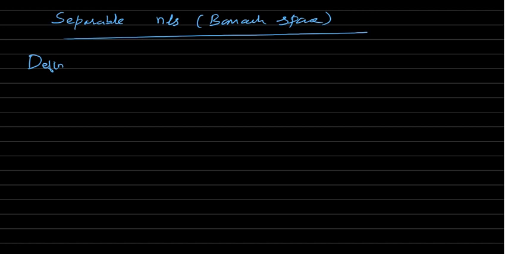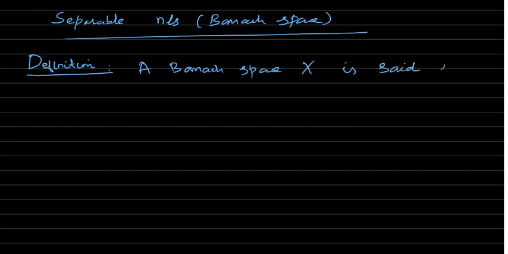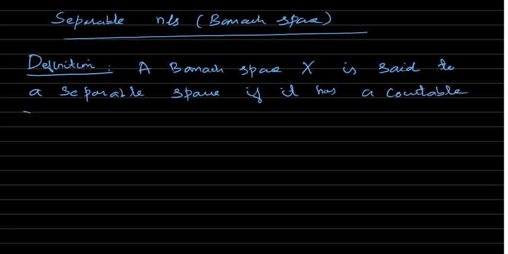Definition: a Banach space X is said to be a separable space, or a separable Banach space, or you can simply say separable space, if it has a countable dense subset. So that's the definition.